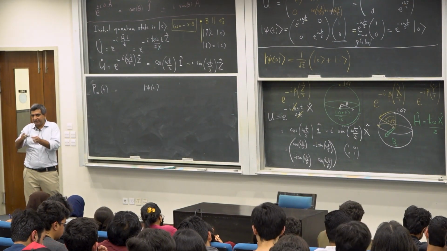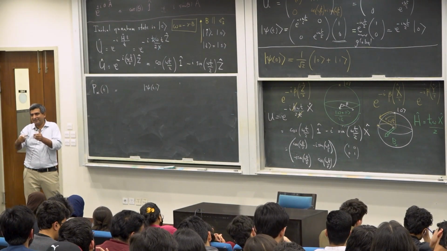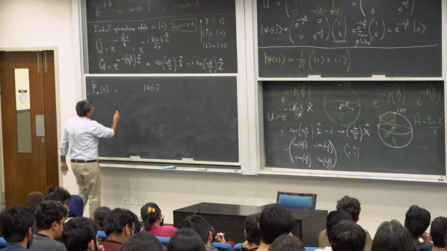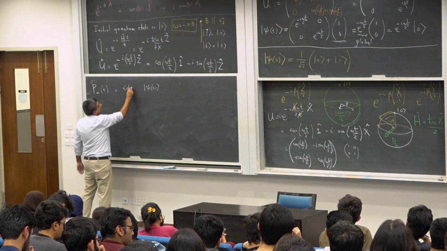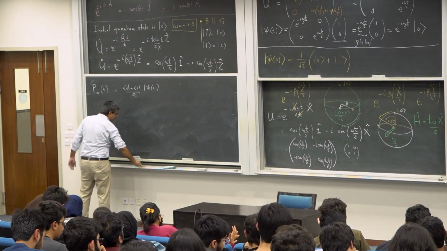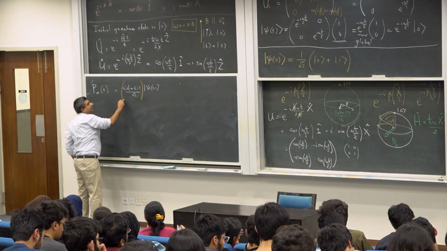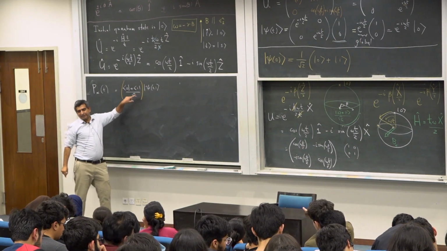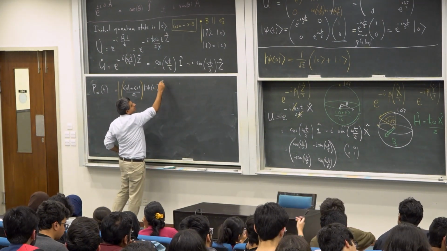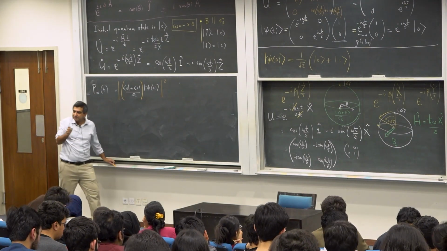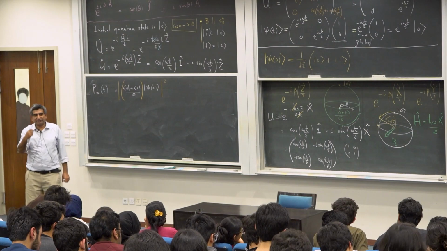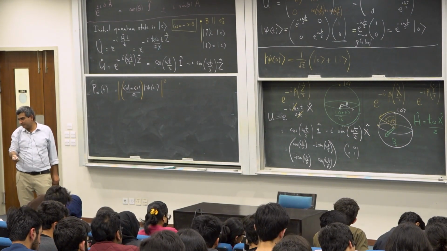That state is the diagonal state, the spin pointing along the x direction, which is ket 0 plus ket 1 over root 2. So this is my ket, this is my bra, and I take the modulus square of this. That's the probability that a detector pointing along x is going to register some signal.